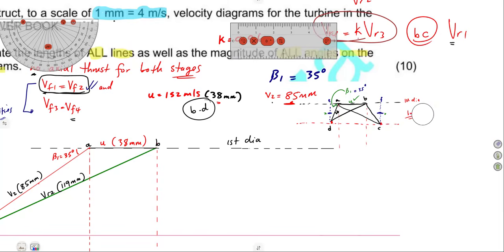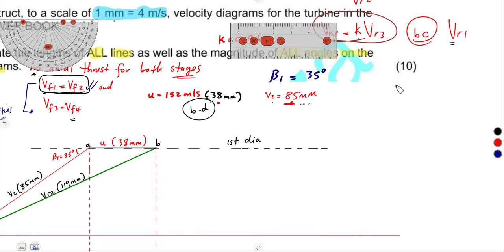We already saw this from our first diagram. VR2 is equal to K VR1, so VR1 is VR2 over K. VR2 is 119 millimeters divided by K. The constant K was 0.96.